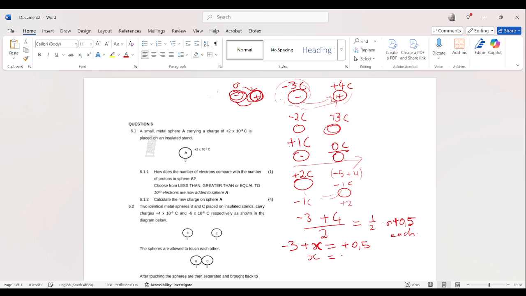X will be, if you take minus 3 to the other side, how much? Positive 3.